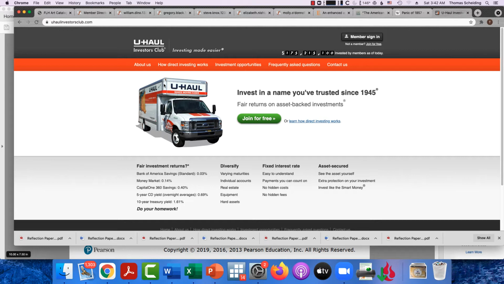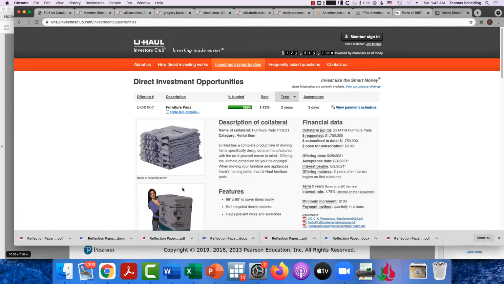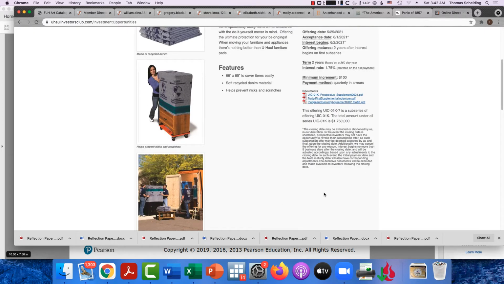By creating this web portal, you can buy a bunch of trailers. These are the furniture pads, the blankets. They had over 2 million furniture pads, and they needed $1.75 million for all of it. And people put up the money. It's a 2-year loan, paying 1.75% interest. Everyone did it.